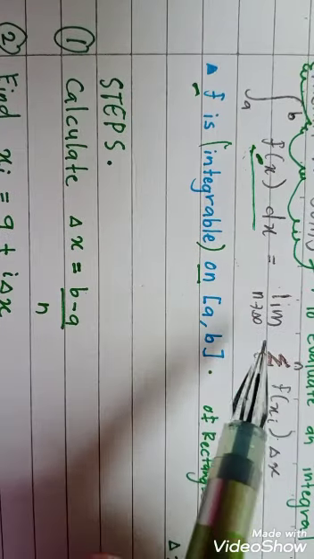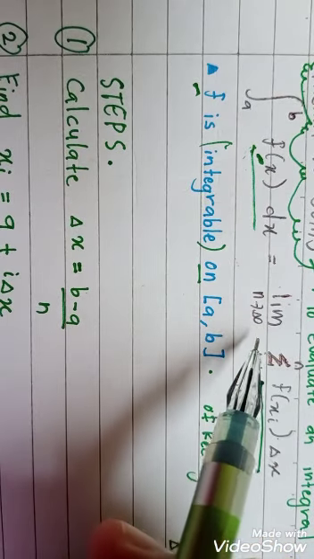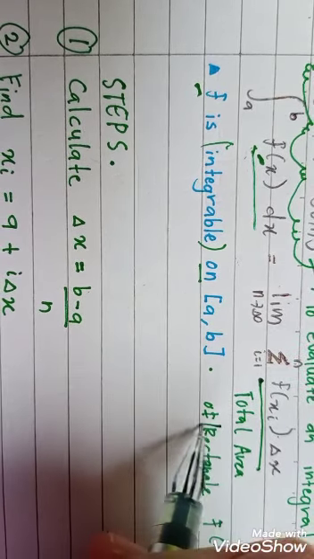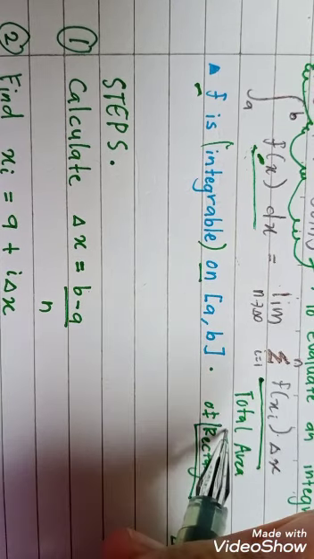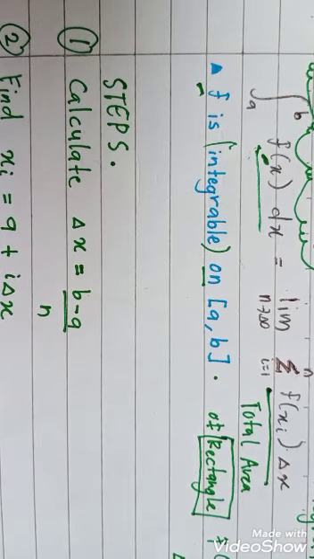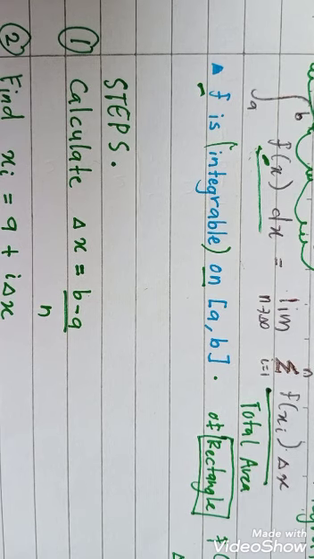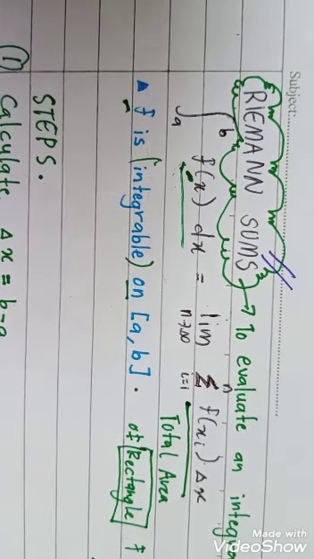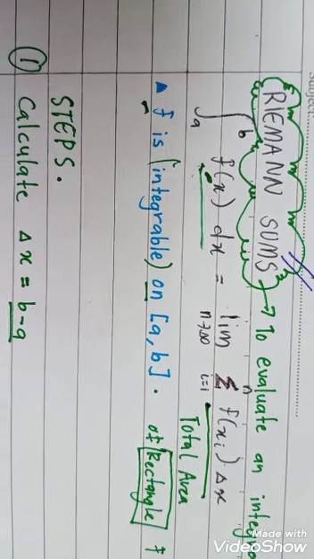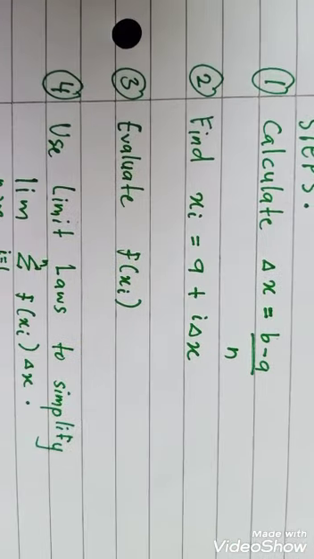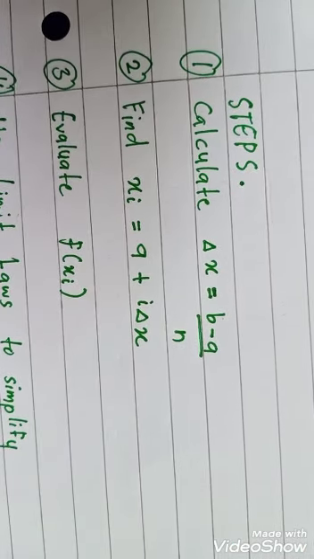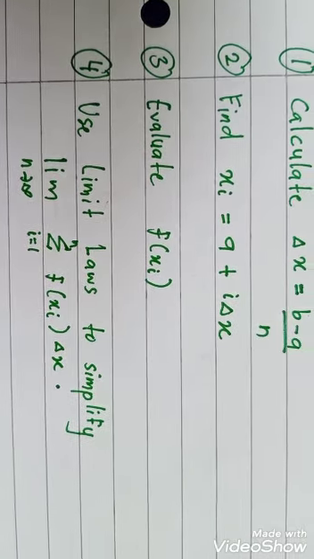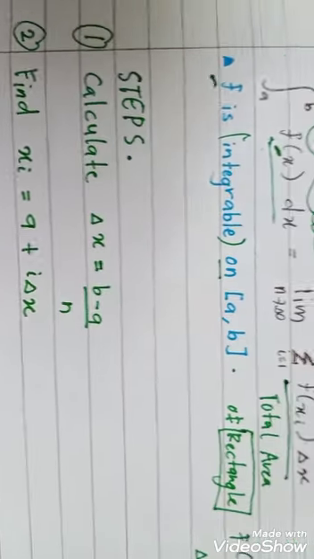We use the limit as n approaches infinity because there are many rectangles. So that's why we use the limit. To use the Riemann sums, we must know the steps. There are 4 steps to use the formula.